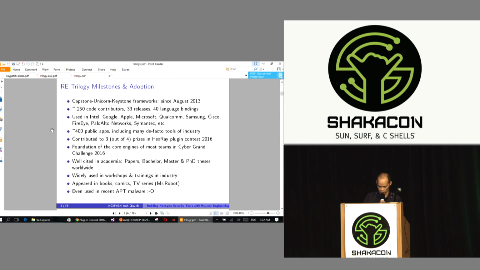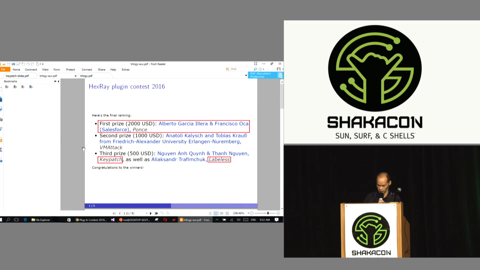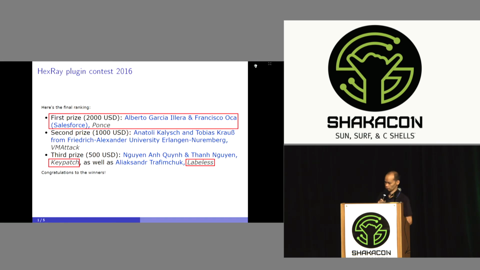You can see here on the screen: the first prize, from Shellfish, uses the Capstone disassembler inside. The third prize, built by me, is KeyPatch, which uses Keystone, and the other third prize, Labeless, also uses Capstone inside.